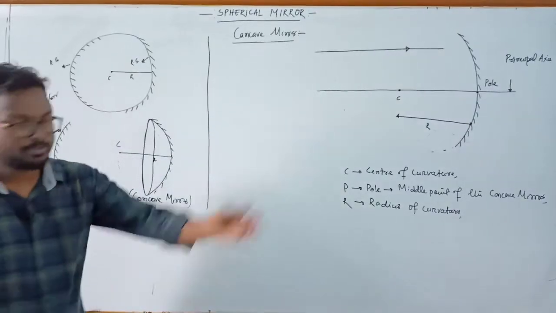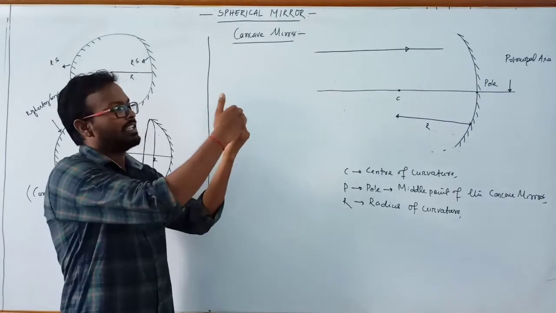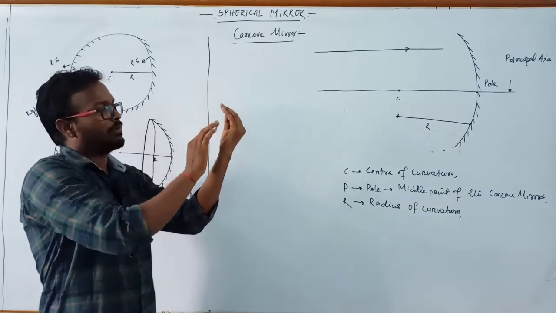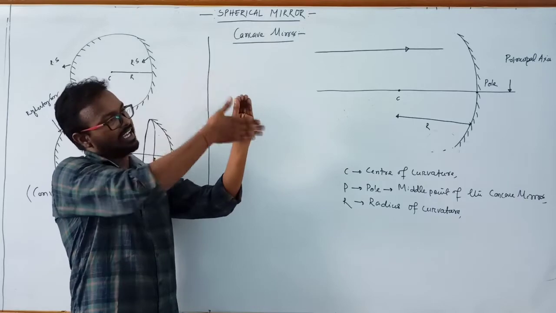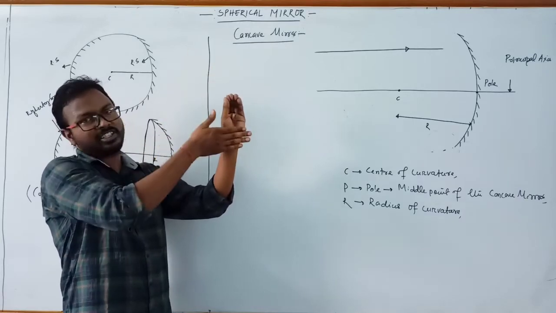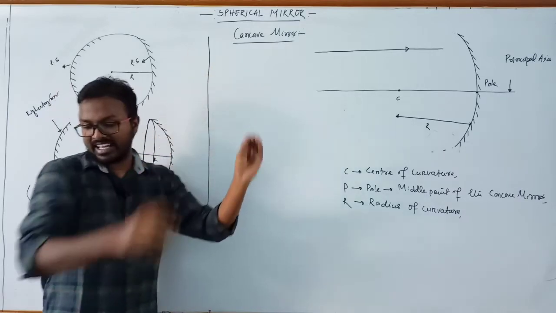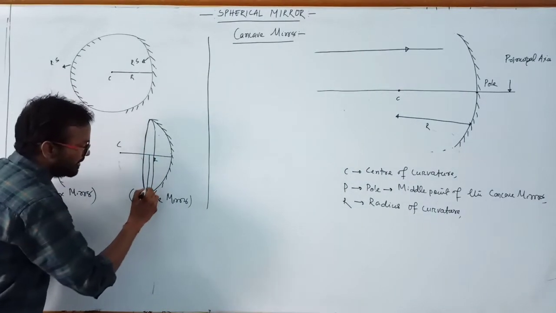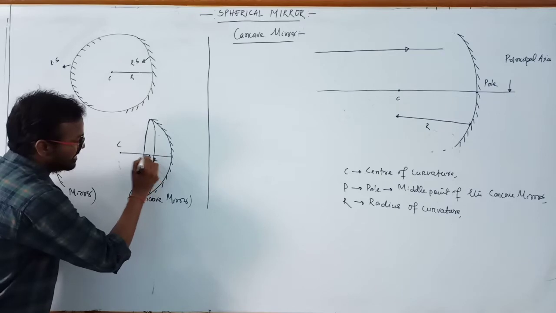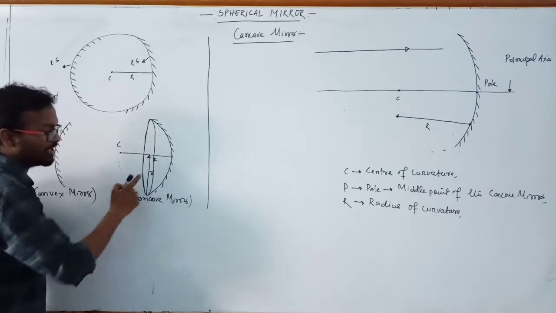Aperture means, suppose this is a concave mirror, and this outer surface is silvered but the inner surface is the reflecting surface. This surface area, which is a part of the sphere, this total surface area is known as the aperture. And this small radius, suppose r, what is r?